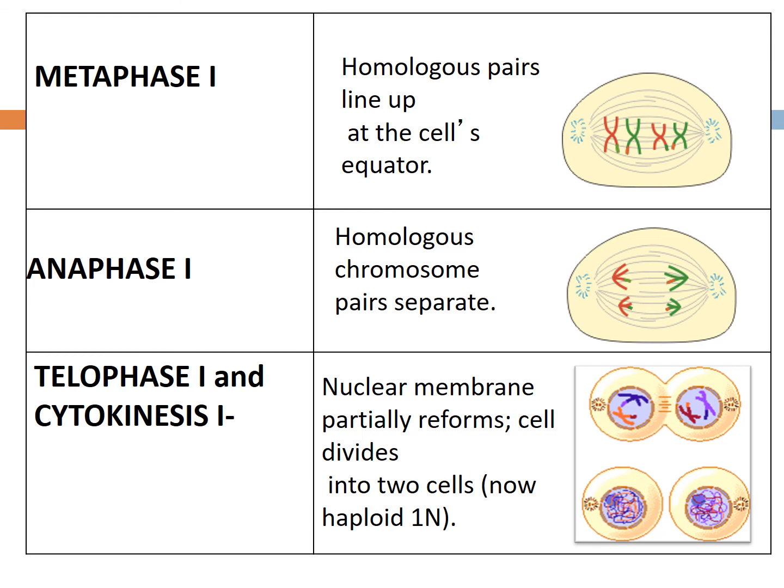Okay, so it's just like metaphase originally. In anaphase 1, homologous chromosome pairs separate. In telophase 1 and cytokinesis 1, the nuclear membrane partially forms. The cell divides into 2 cells, and now it is a haploid 1N cell.